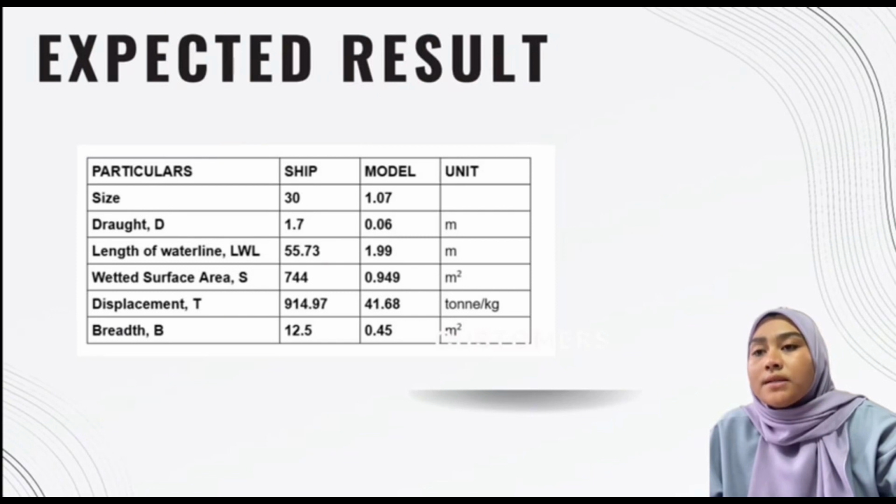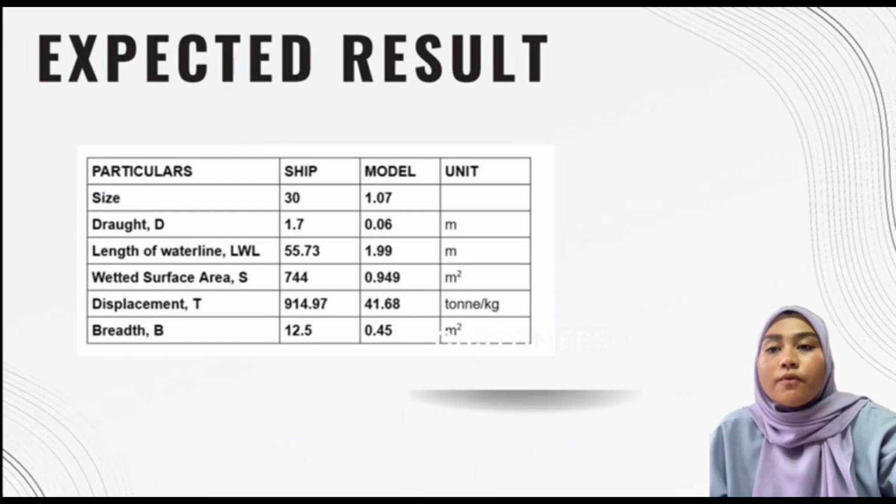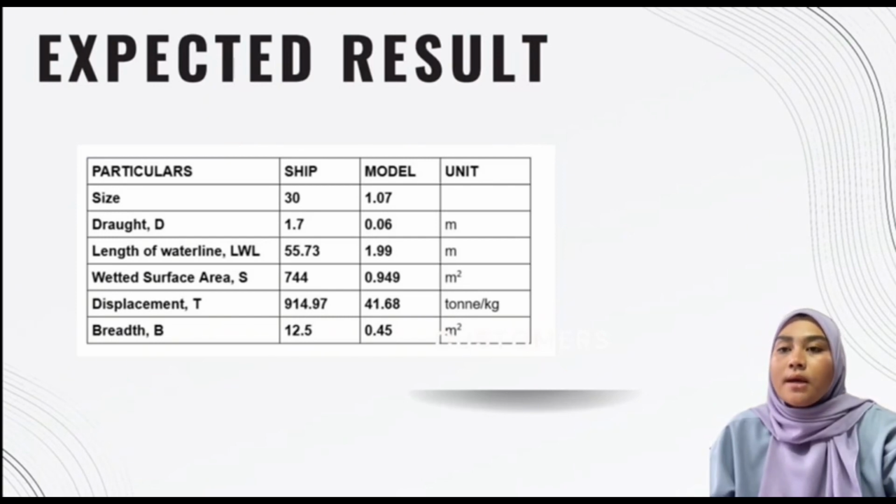Next, the wetted surface area for the ship is 744, and for the model is 0.949. And displacement for the ship is 940.97, while the model is 41.68. And the breadth for the ship is 12.5, and for the model is 0.45 meter.